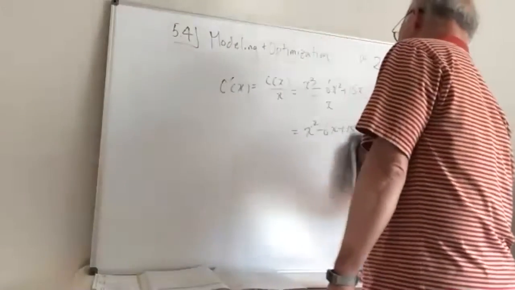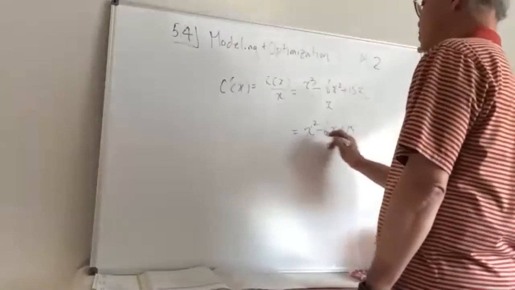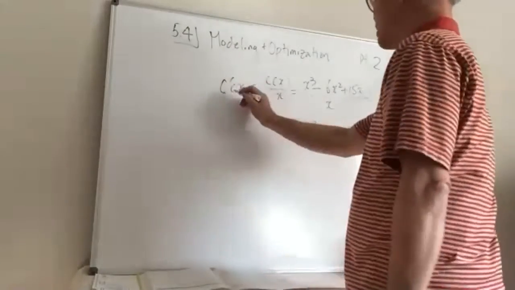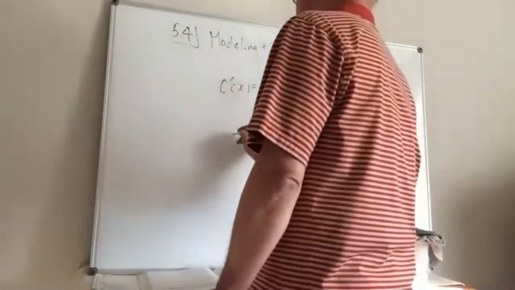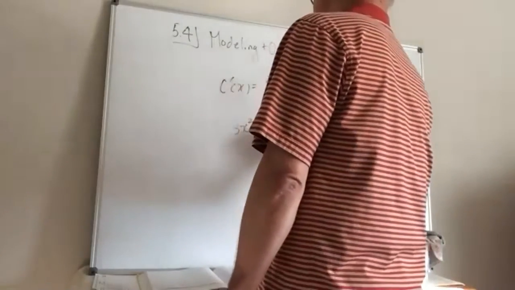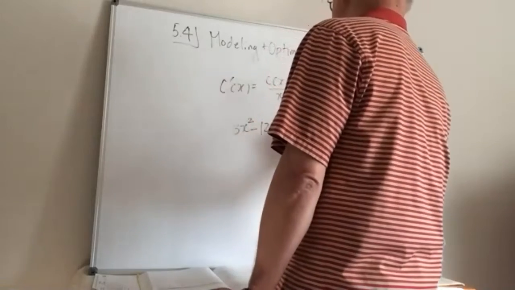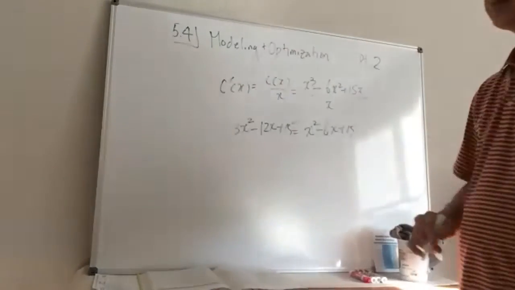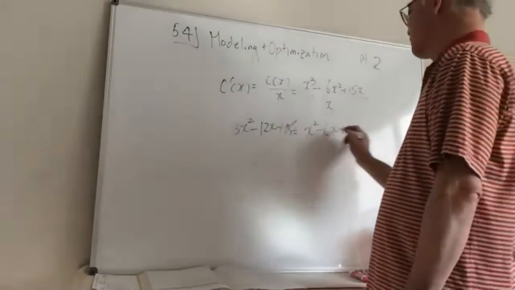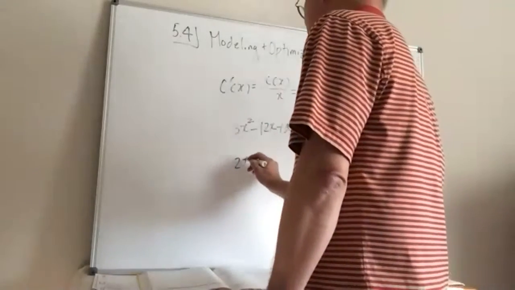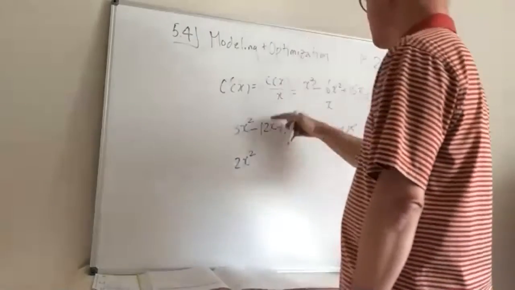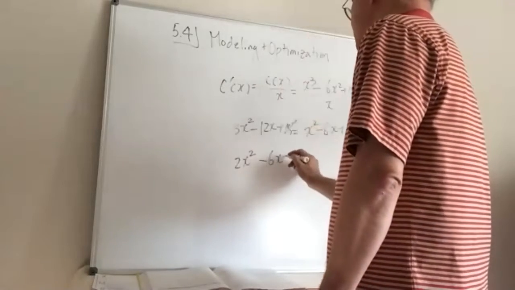So this guy here has to be equal to the marginal cost. So marginal cost right here, marginal cost is what? It's the derivative of that. So it's going to be 3x squared minus 12x plus 15. 15's cancel out. I move this over, I get 2x squared. I move this guy over, I get minus 6x is equal to 0.